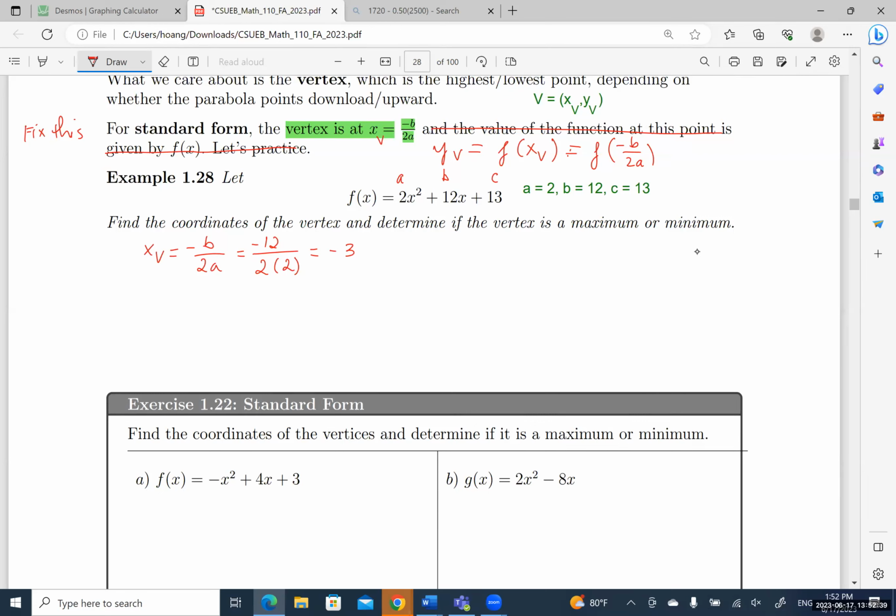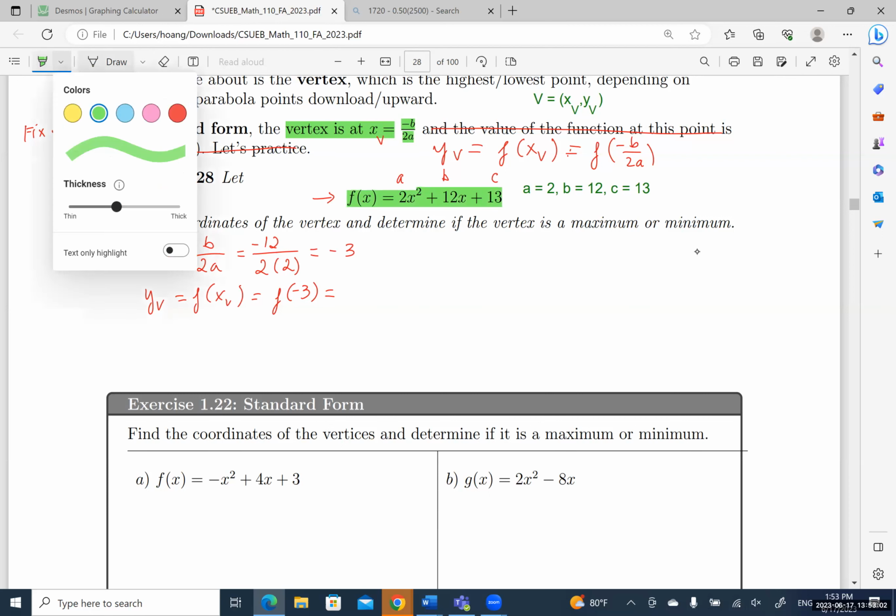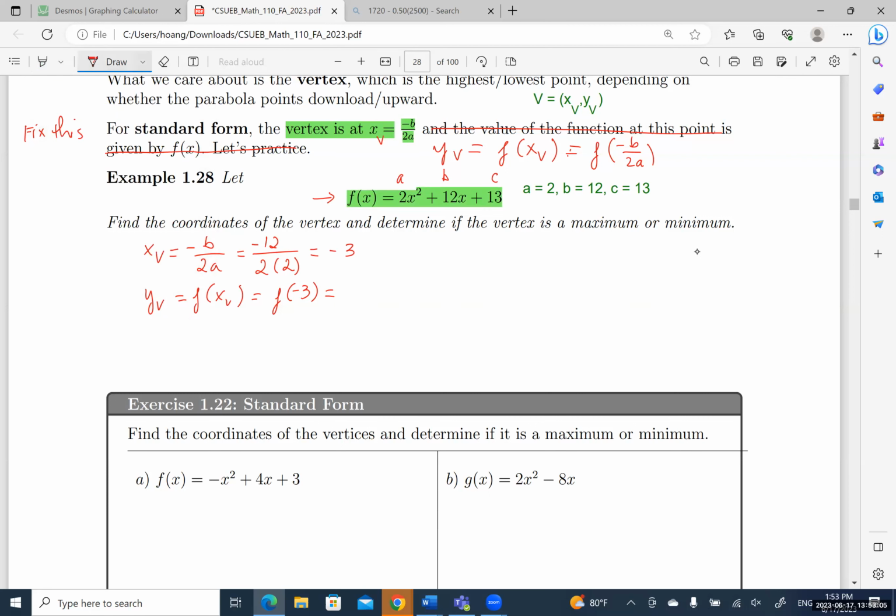Now for the y value, it's going to be f of xv, and I know that xv was negative 3, right? So it's going to be f of negative 3, and I use the function that they are giving me here, and substitute negative 3 as input into that function.